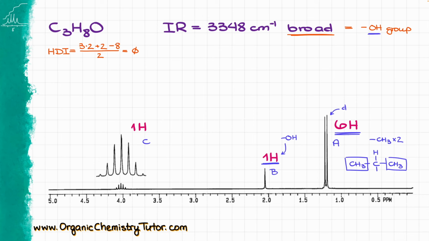And looking at my signal here, I have 1, 2, 3, 4, 5, 6, 7 peaks in that signal. Like in the previous example, 7 peaks means that we have 6 neighbors. So 6 neighbors, 1 hydrogen. The only way we can come up with something like that is if we have a CH group, and that CH group is sandwiched between 2 CH3s.